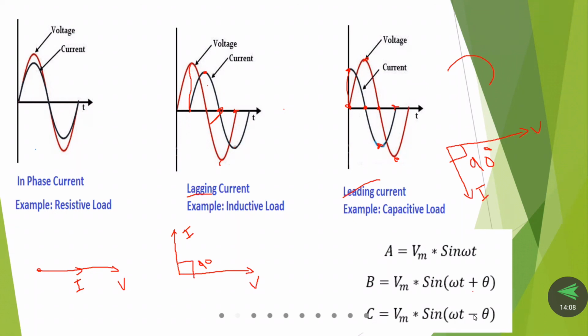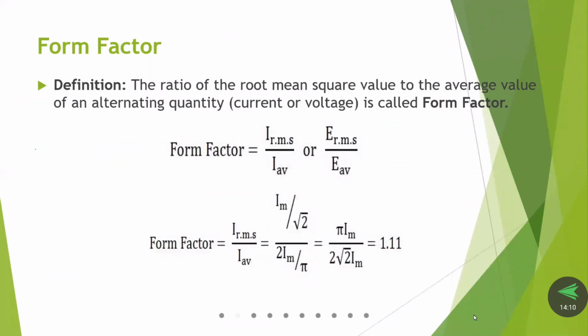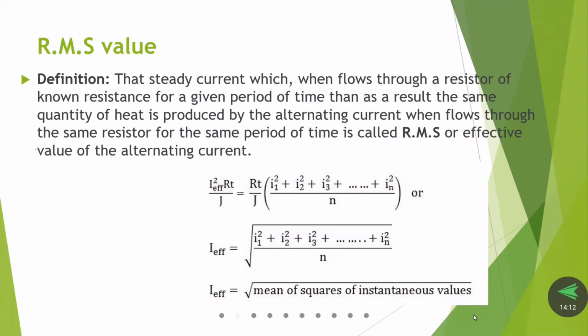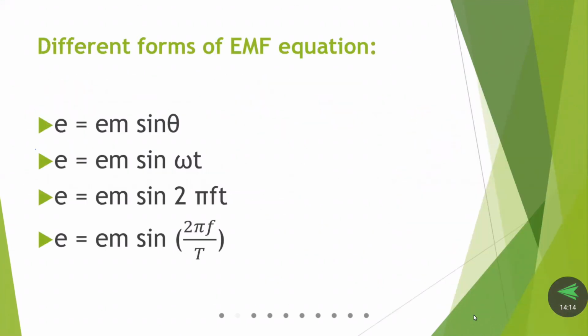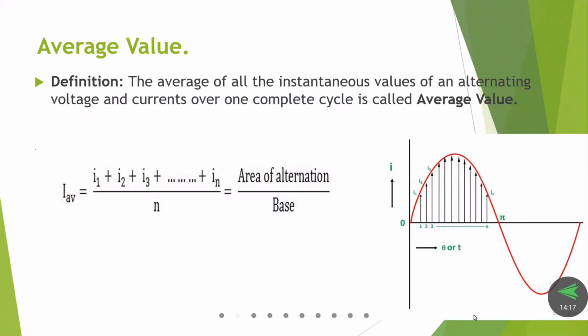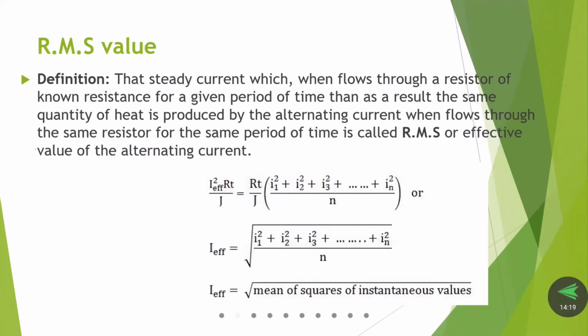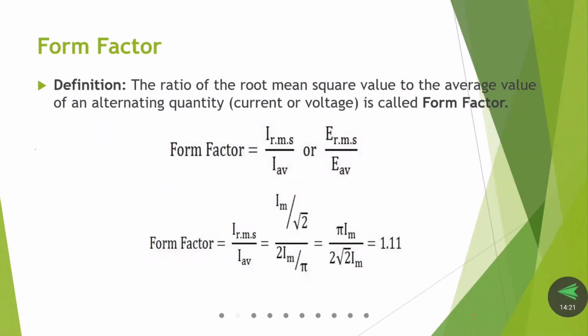So these are the important things. First, peak value, average value, RMS value, form factor. Form factor is the ratio of RMS value to average value.